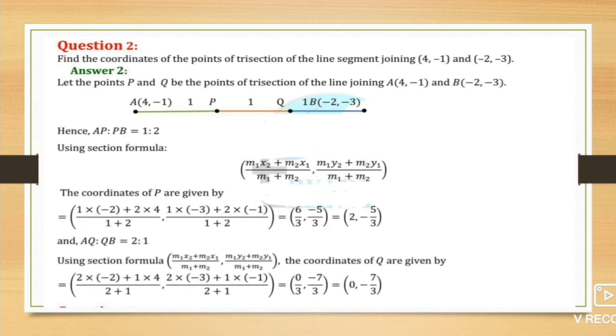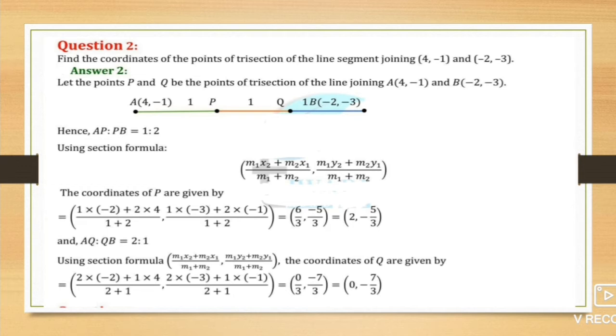Now the next question: find the coordinates of the points of trisection of the line segment joining (4, -1) and (-2, -3). This question is similar to yesterday's question, right?